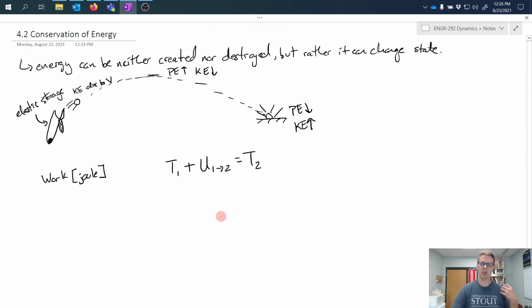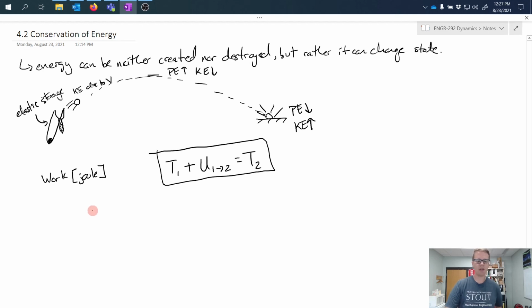It could be the addition of some force that we put on the stone, maybe through a slingshot, for example, or any other kind of input to the system. And the result of the addition of those two forms of energy is a kinetic energy at position 2, labeled T2. And this is just a simple form of examining the conservation of energy, and it neglects several possible sources of energy, but for our purposes, it's a good place to start.